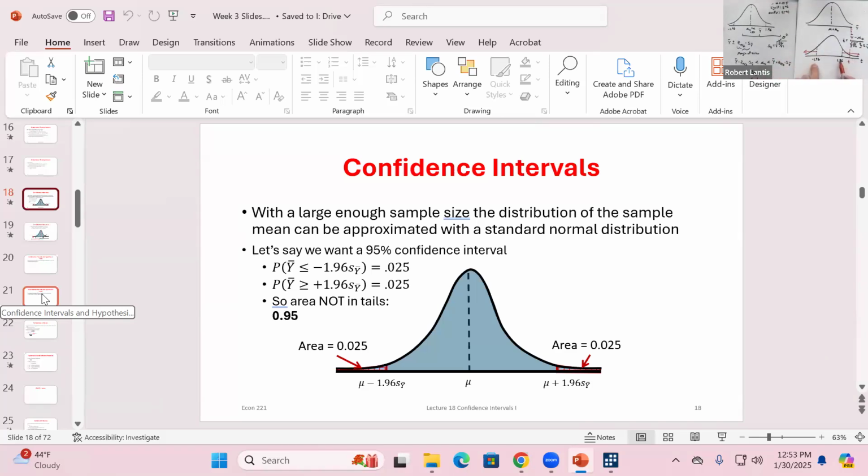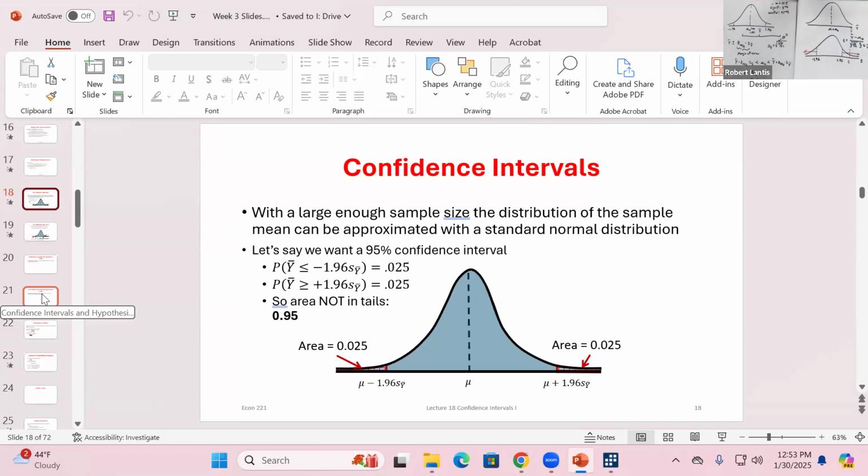So what's the probability, if what I assume to be true is in fact true, that I see a sample mean that's going to lead to me rejecting? If what I assume to be true is in fact true, what's the probability I see something more than 1.96 standard deviations away? Yeah, 5%, or a probability of 0.05.